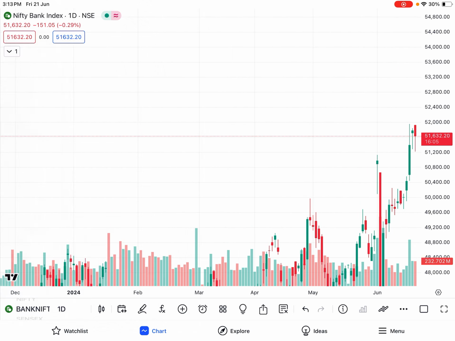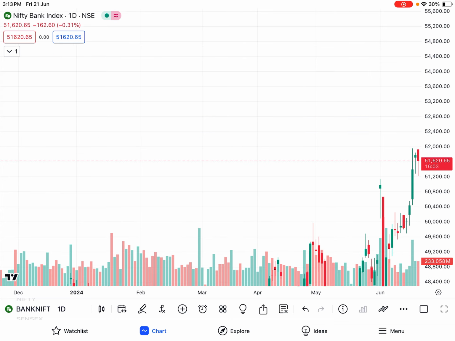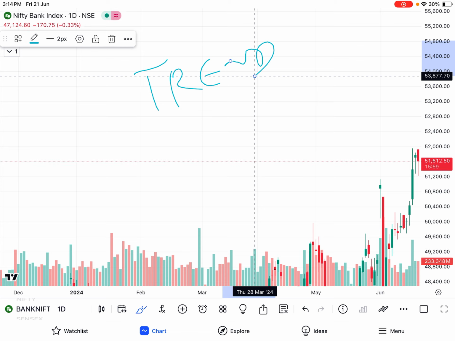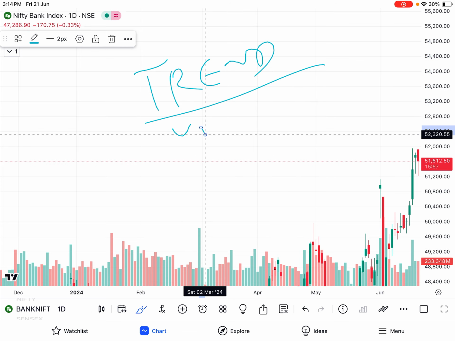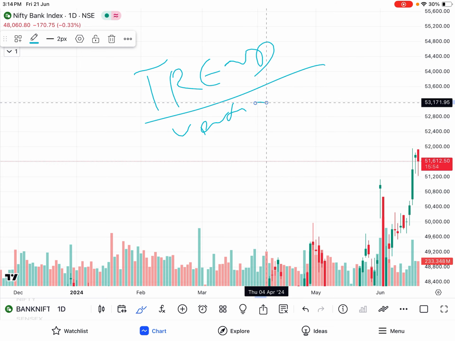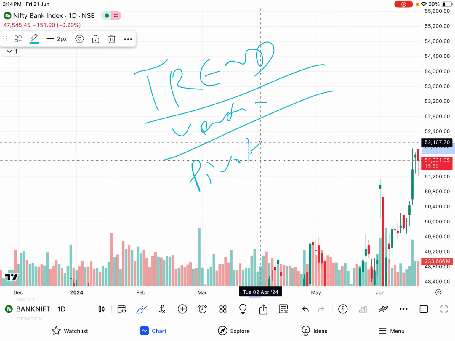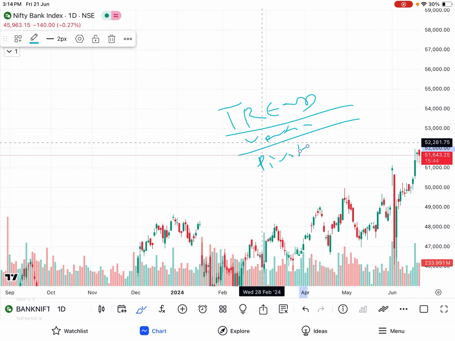One is your trend support. Second is your vertical support. Third is your pivot support or resistance. So basically, one is your trend line support or resistance, another is your pivot.